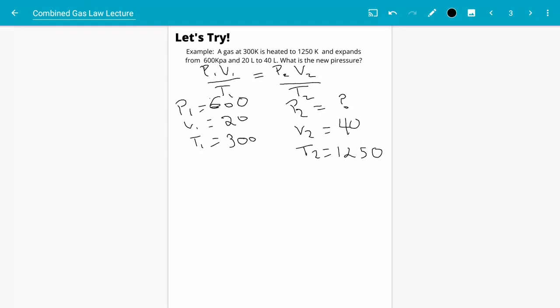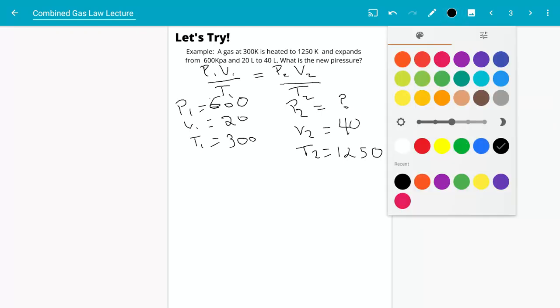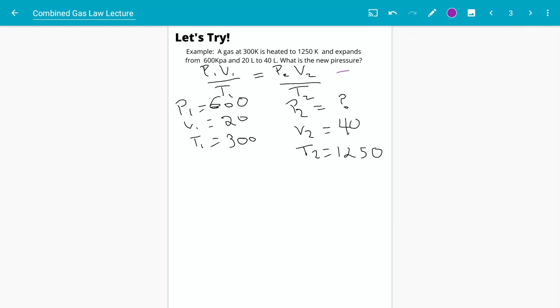All right, so now I'm going to take this. I'm going to change my color so you can see. I'm going to take this equation and I'm going to plug everything into it. So P1 was 600, so I'm going to write 600. Okay, V1 is 20, so I'm going to multiply that times 20, divided by T1, which is 300.